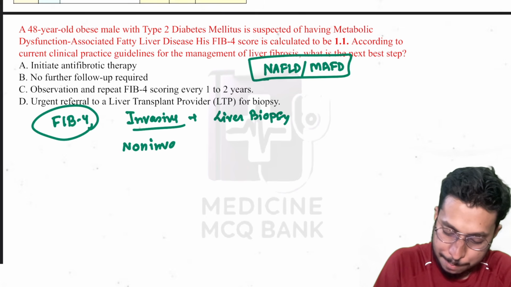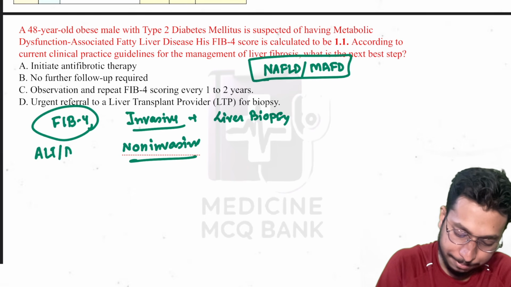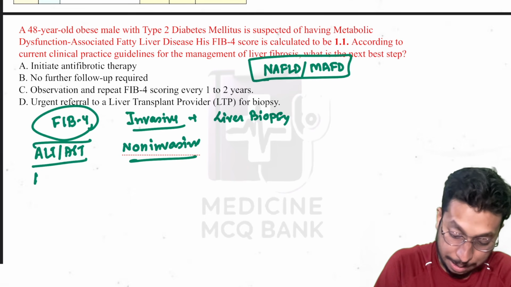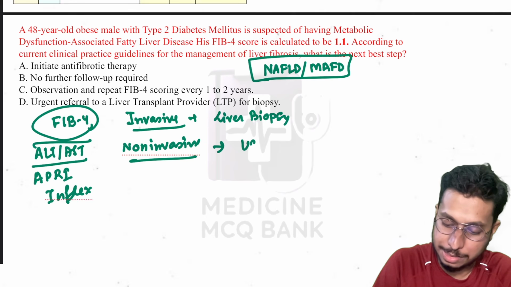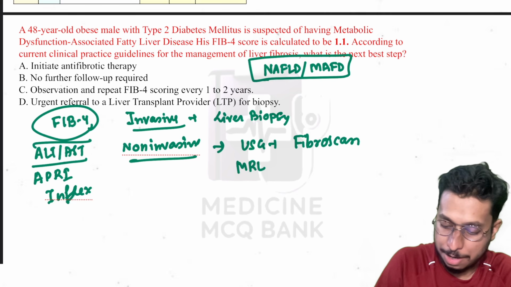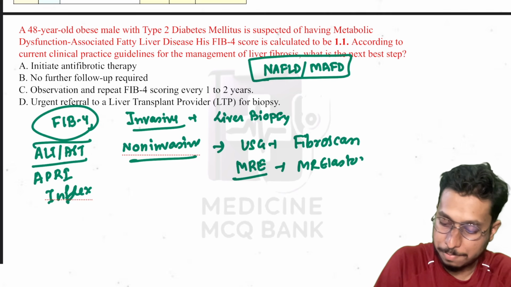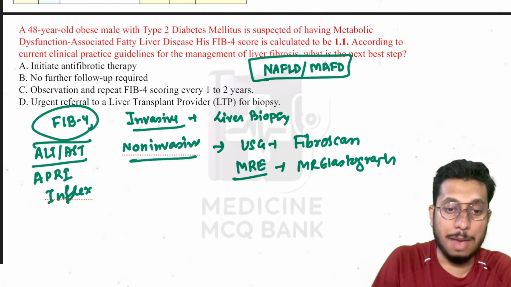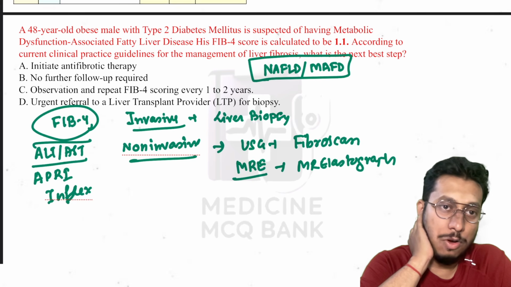Non-invasive can be blood report based like FIB-4, it can be the simple AST-ALT ratio, or the APRI index, or something USG based, for example fibroscan or fibroelastography. It can be MRE, MR elastography. Now, among these options, you can see here: initiate antifibrotic therapy, no further follow-up.